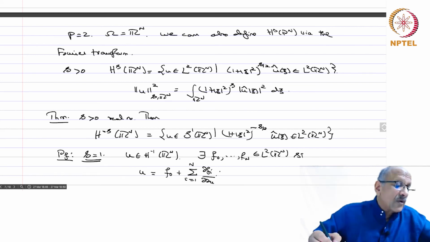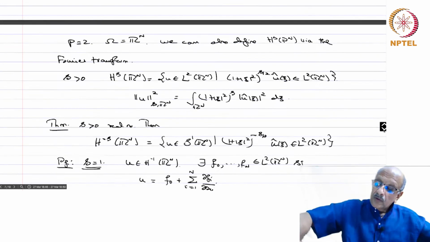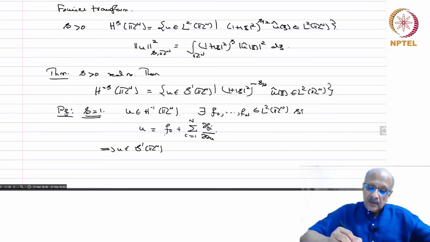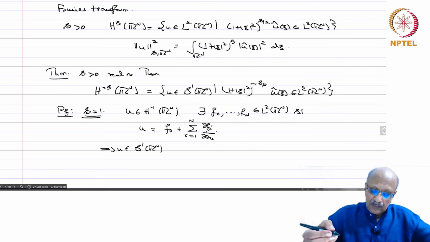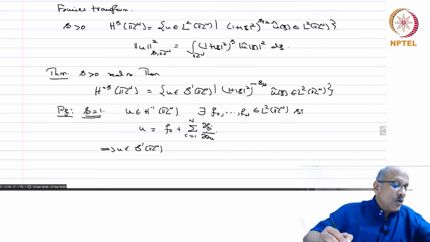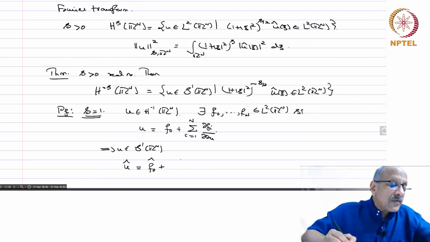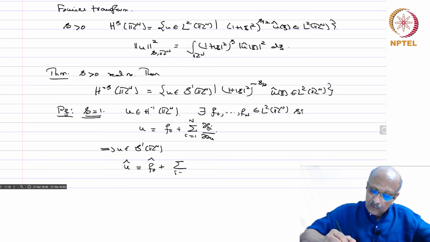We saw that this was the thing. So this implies u belongs to S' of R^n. Why is it so? Because L^2 functions are tempered distributions. The derivative of a tempered distribution is again a tempered distribution, and therefore you have that u is in S'(R^n), and therefore you have û. We have seen this is equal to f̂0 plus the sum for i equals 1 to n of 2πiξ_i f̂_i.